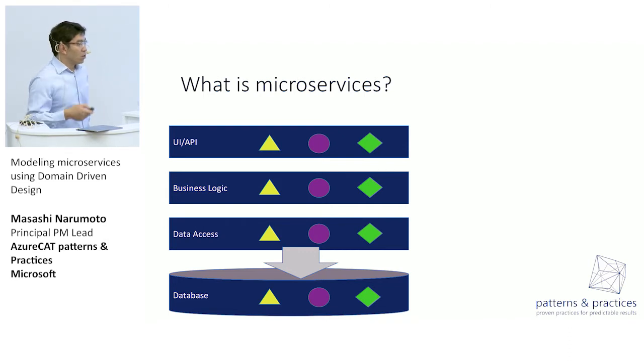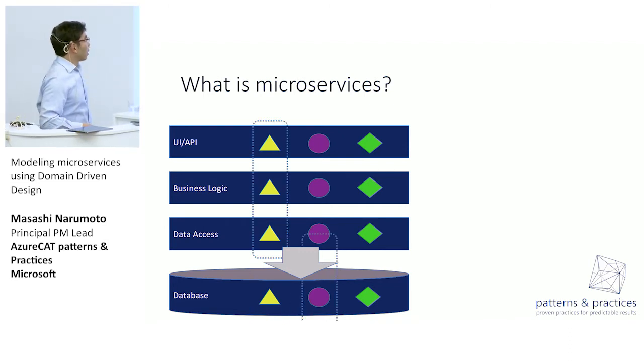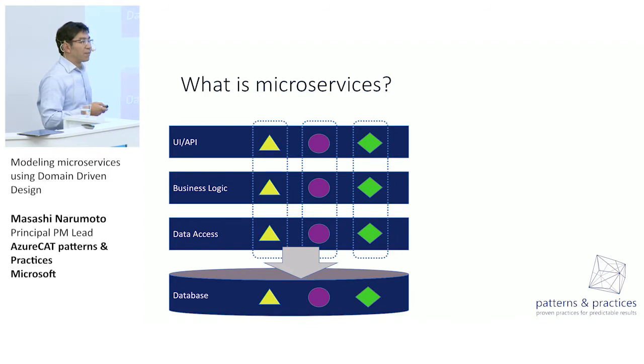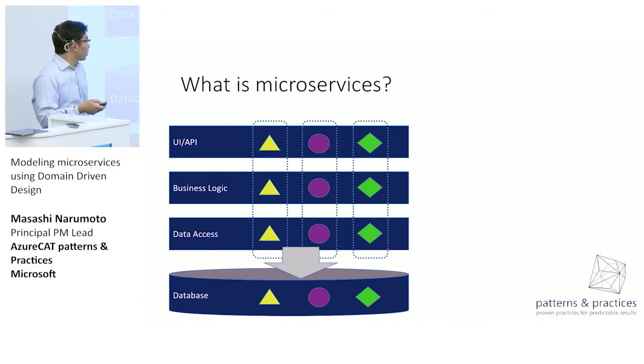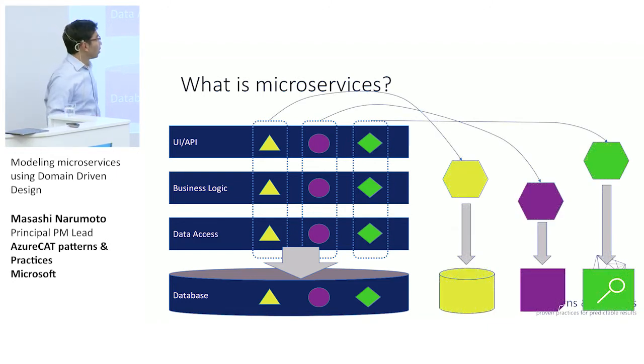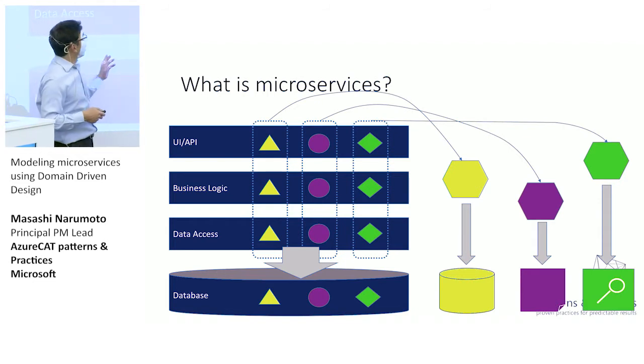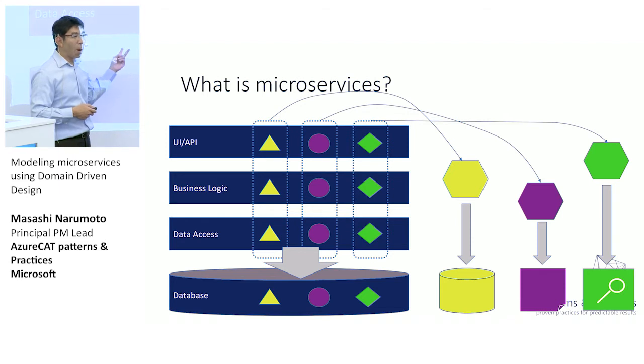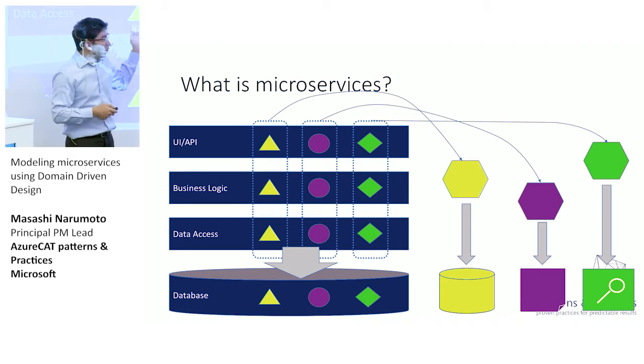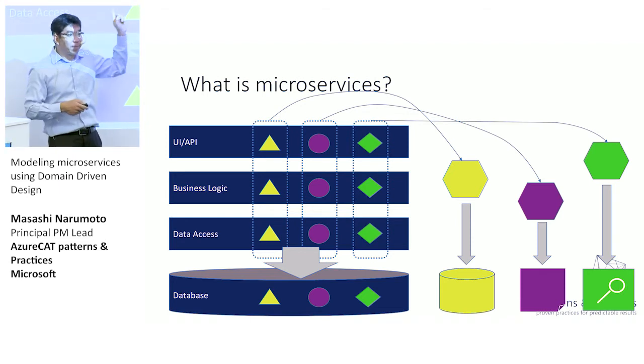Versus in microservices architecture, it's all about the vertical slice of each business function. So it's nothing to do with layering, no horizontal layer at all. So basically, we extract the vertical slice of business function one at a time and make it a microservice.